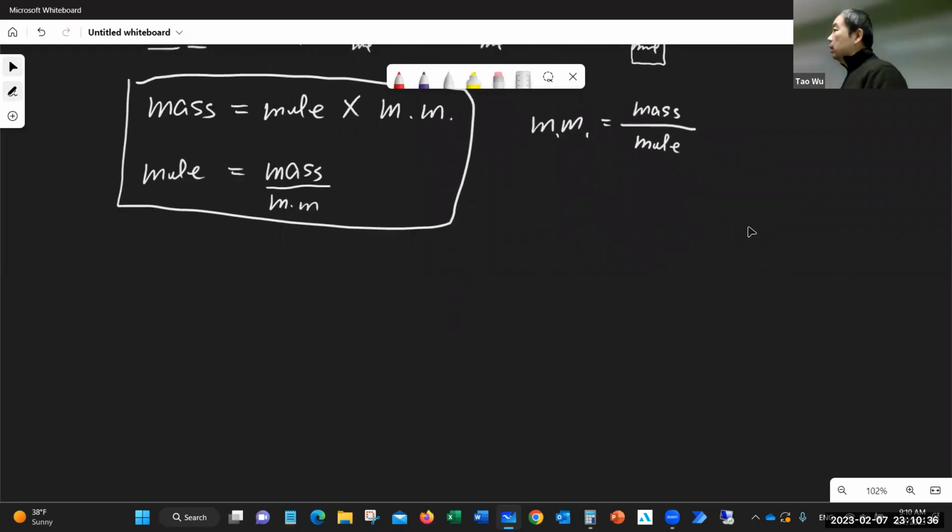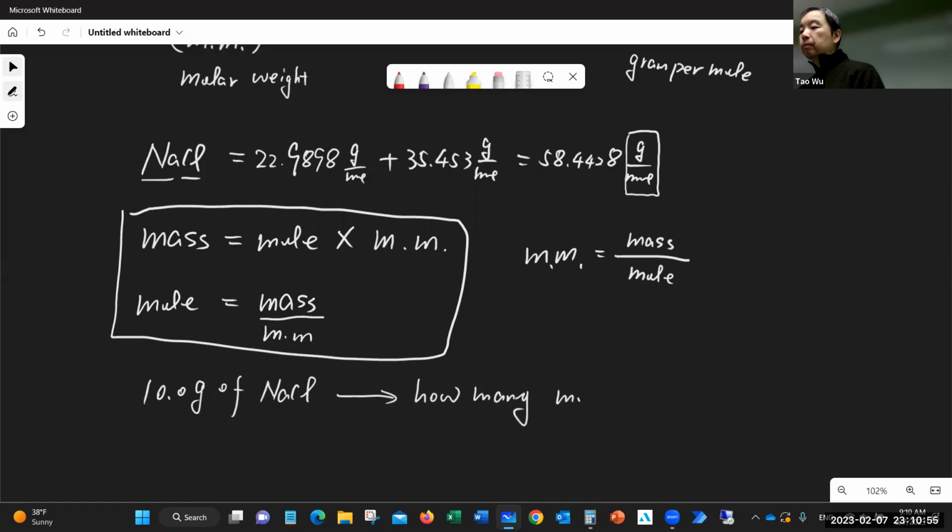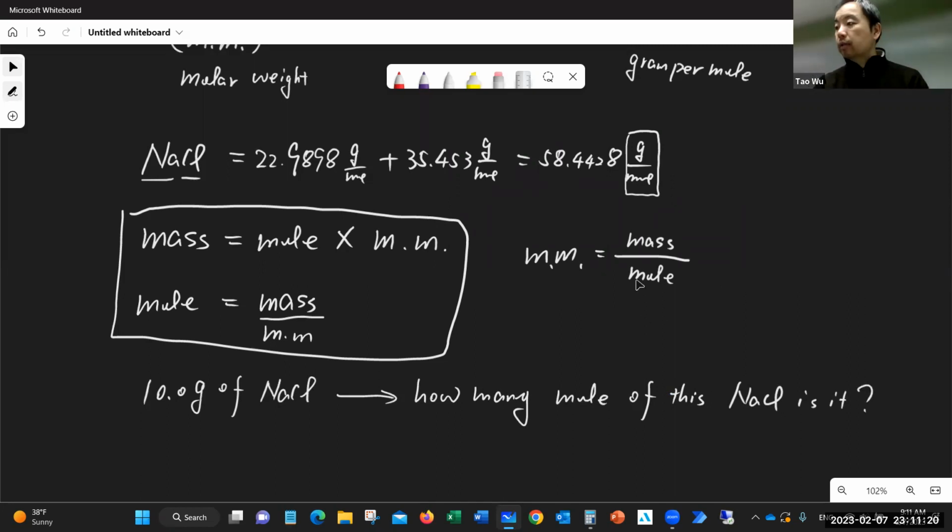One example, since we already got here: we have 10.0 gram of sodium chloride, and we need to figure out how many moles of this sodium chloride it is.